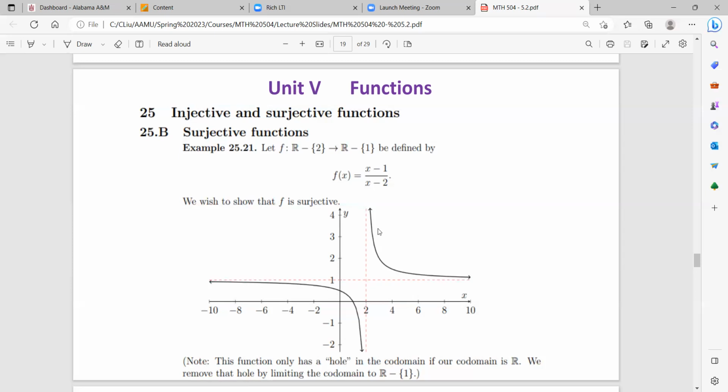So you can easily see that it is surjective, because for any real number except 1, if you draw a horizontal line, you can always find the intersection of the curve with the horizontal line. So it is indeed surjective.